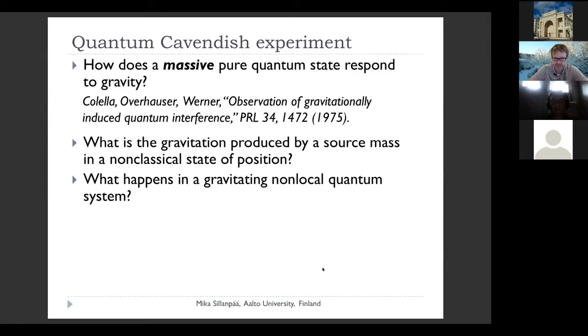That's already an interesting question. Maybe the most interesting is that you have these two gravitating oscillators and you make them non-locally quantum entangled. What happens? I don't have any smoking gun to search for, but I think these experiments are worth making. The answer is not clear.